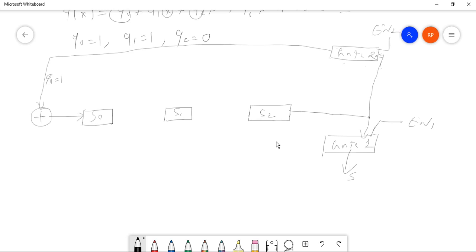Then there is G1, so because of that there will be one adder between S0 and S1. There is no G2, so I can't put an adder here, so I will directly write here. So G1 is equal to 1 and G2 is equal to 0. Because of that we got this particular diagram.